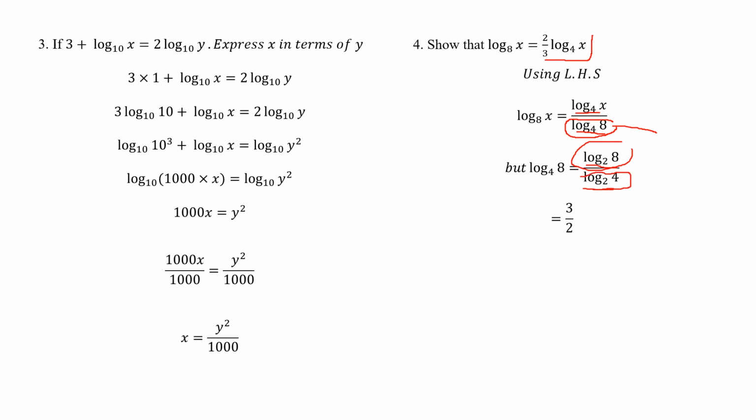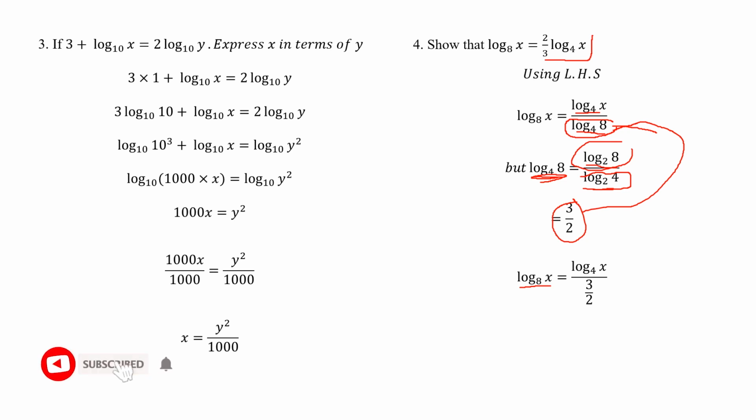You can go back to the previous examples. We did some number which was to evaluate the log of 8 base 4 to have this. So I'm going to get this, and I come back and I substitute it there on the next step. My log of x base 8 is now equal to log of x base 4, then divide by the 3, divide by 2.